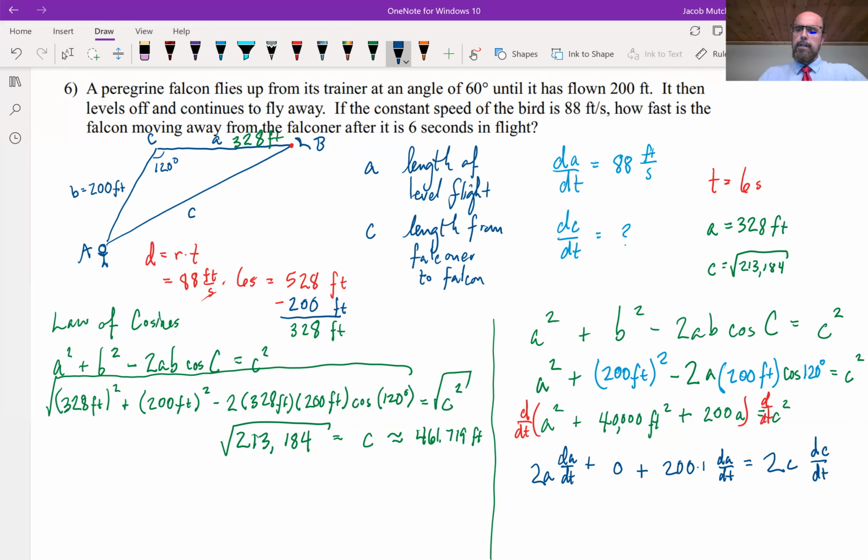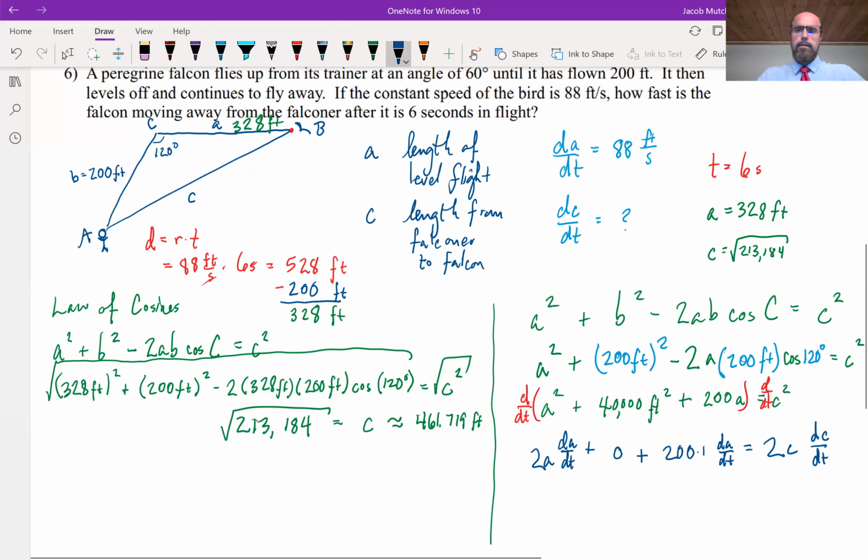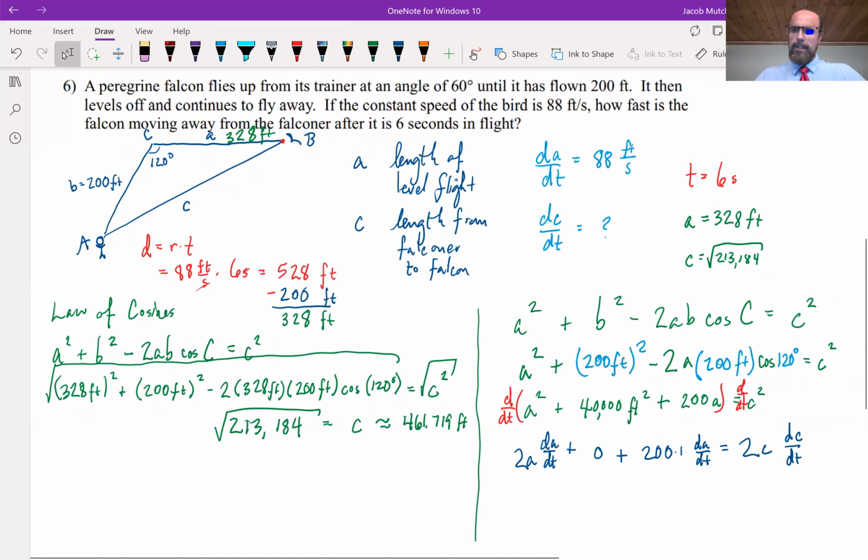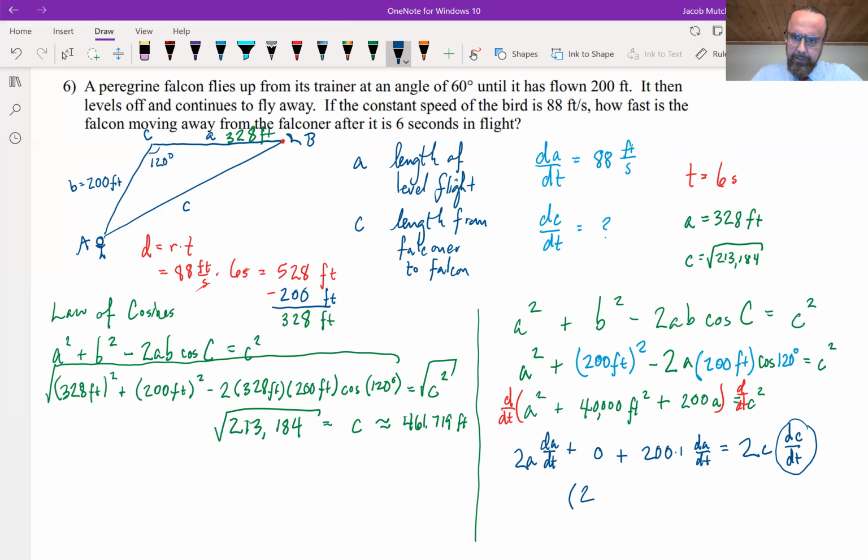So now I've got that differentiated. I want to then solve for the rate that I am looking for. So I'm looking for dc/dt. I'm going to circle that. So on the left side, if I simplify this down, it's going to be 2a plus 200. If I factor out that they both have that dA/dt, then I'm going to divide that by 2c, and that will equal dc/dt.